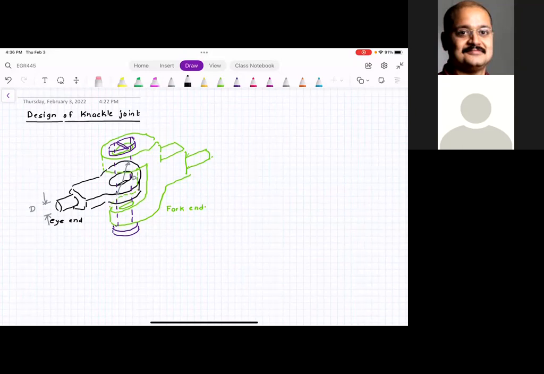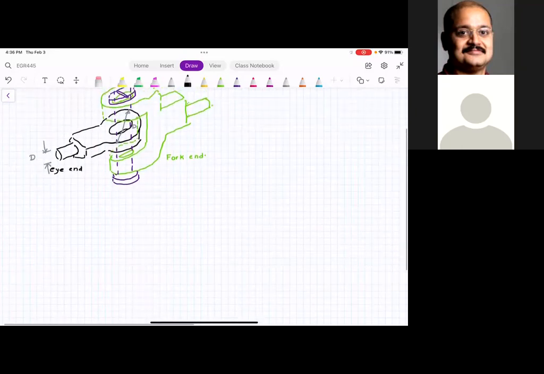So how do you design the knuckle joint? I'm gonna give you the step-by-step recipe.